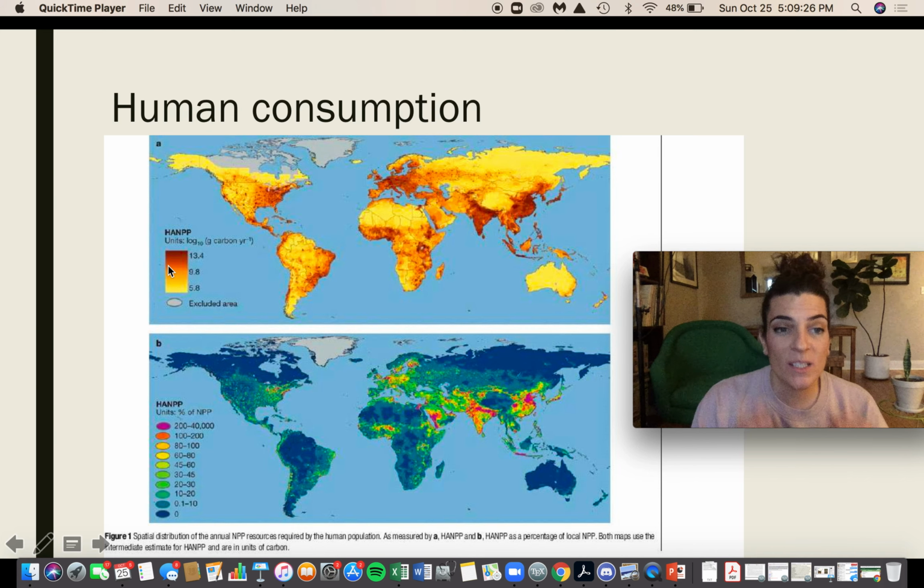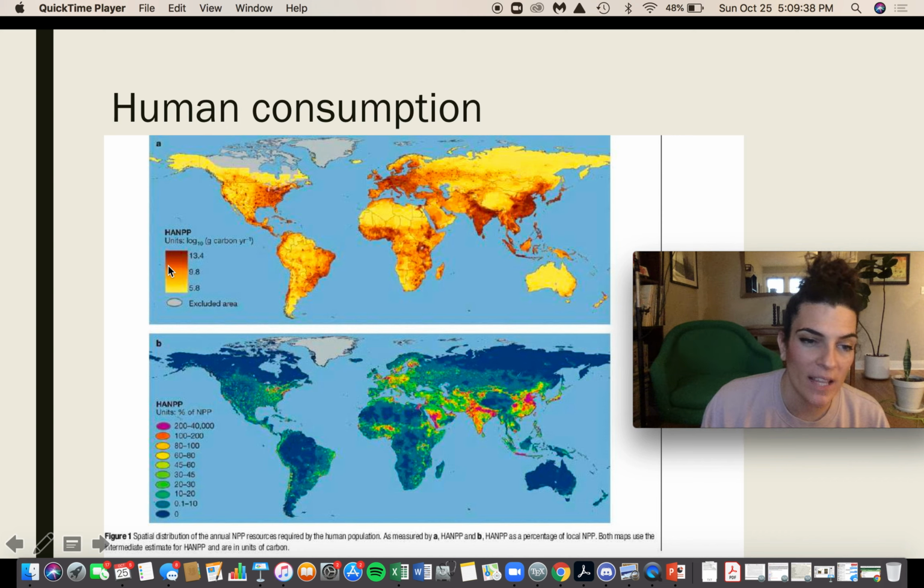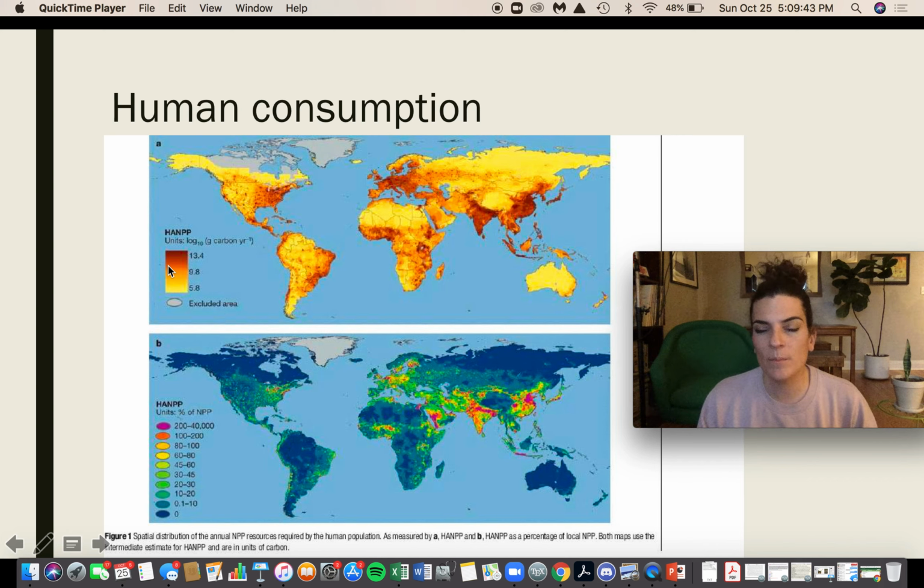So where it's pink, that's where tons of calories or resources are consumed and very little are produced. And so that's mainly the cities and other regions. And then, of course, you've got areas where it's much less than 100%, where you're doing all of the farming, you're doing all the resource extraction, and those are being shipped to the cities.